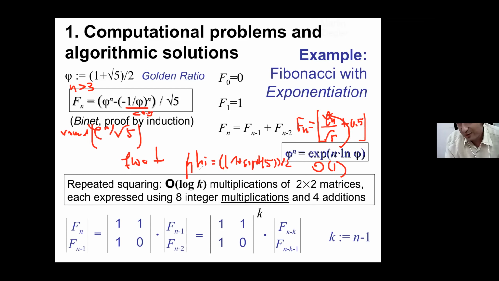You must be aware of all the problems with this data type, and I do not have time now to discuss all this. There are very well-known precision problems. If you want to calculate it in this way, you have to calculate this huge number potentially. When n is large, this is a huge number, and you have to calculate it to the precision of 1. This data type will be utterly insufficient for that.